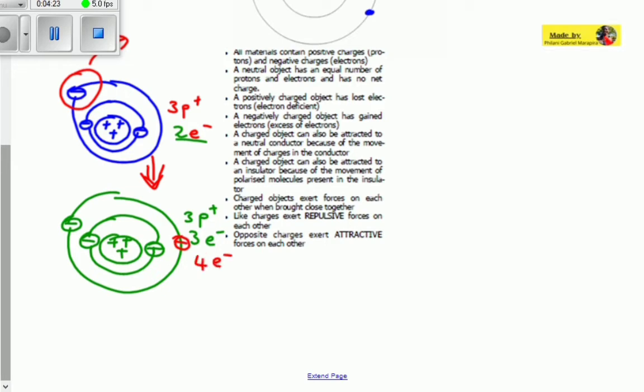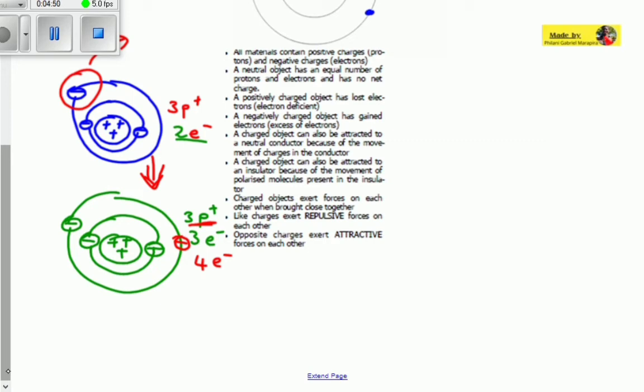There is a change in the number of electrons, meaning that this object, which I've drawn in green, has gained 1 electron. So it has 1 extra electron compared to the 3 protons that did not move inside the nucleus. This is known as a negatively charged object because electrons are the negative charges. If there are more electrons, the object is negatively charged.